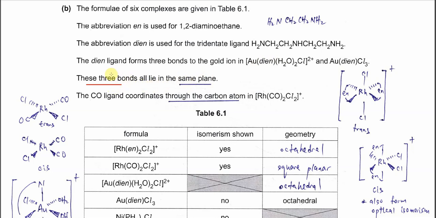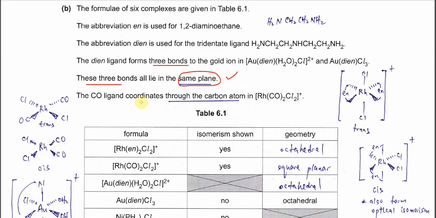So the diene is a ligand that forms 3 bonds with the gold ion. Therefore, you must make sure these 3 bonds are in the same plane, meaning when you draw the complex ion, you have to follow this.